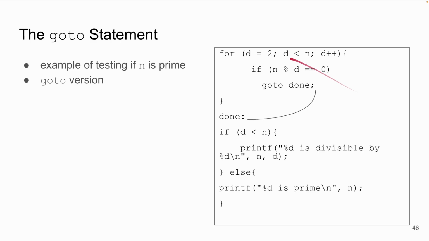This is the goto version of the program to test whether n is prime. I can just write down goto, and I have the label down here. You need to write down the label exactly the same as we have here, and then put the colon here. When we run this line, the program will jump from here to here, and then run the following things. You can also put it down to here, then the program will jump from here to here.